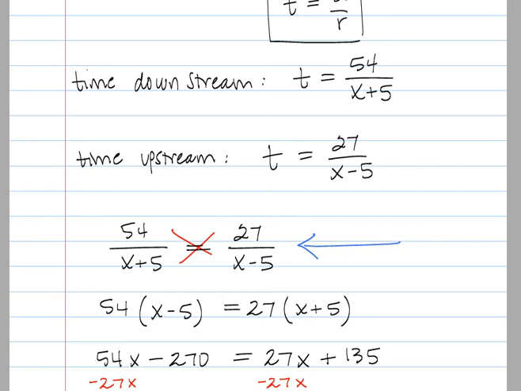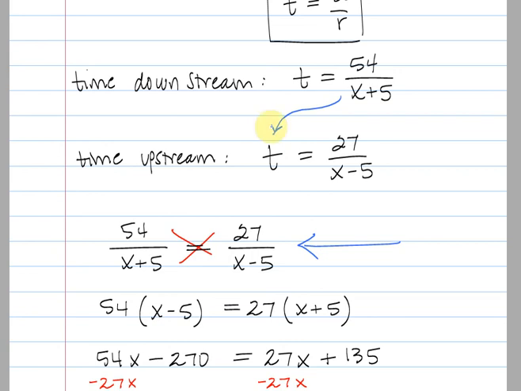Another way to look at this, if you want to apply the ideas in this unit, is that we really just solved this system of equations using substitution. In other words, it's kind of like we took the expression 54 divided by x plus 5 and we substituted that into the second equation for t.